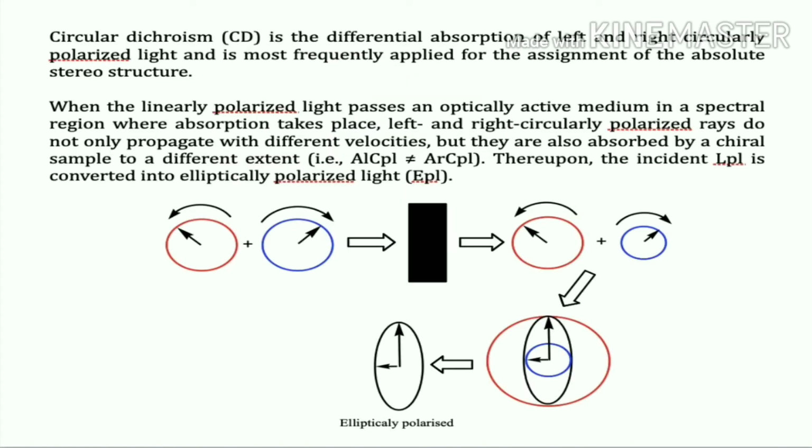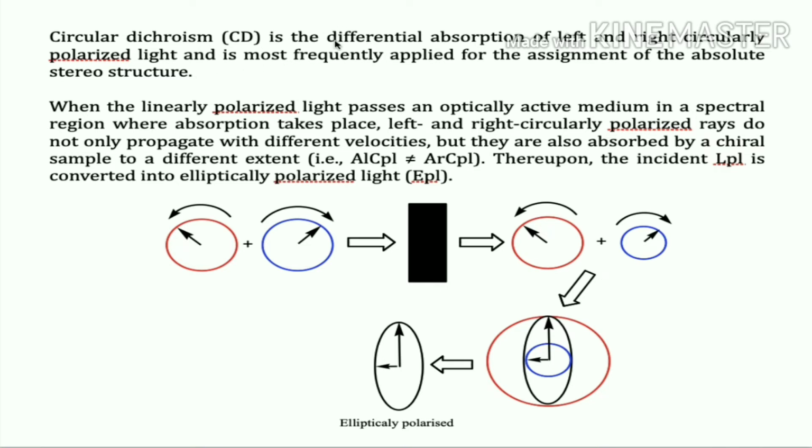Next is circular dichroism. So what is circular dichroism? Circular dichroism is the differential absorption of left and right circularly polarized light and is most frequently applied for assignment of absolute stereostructure.